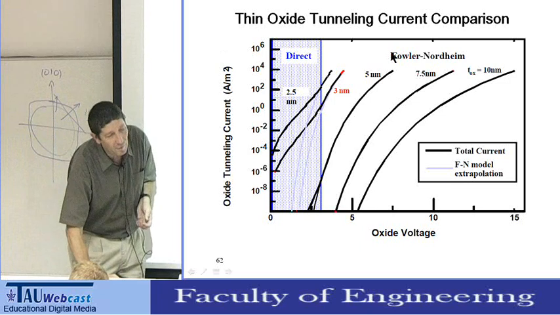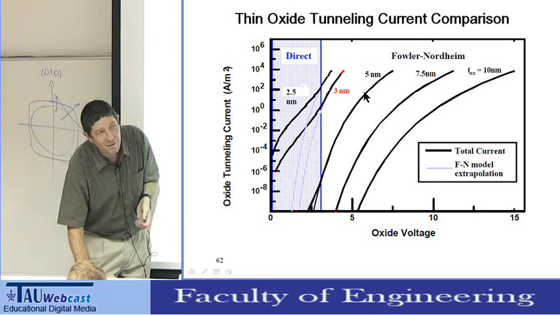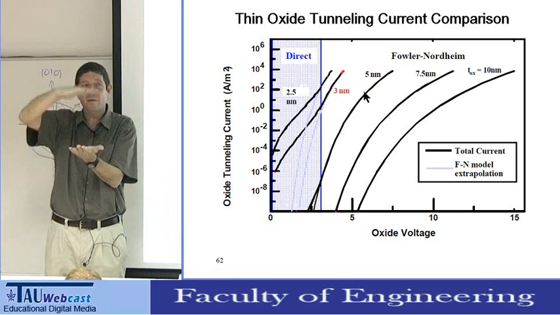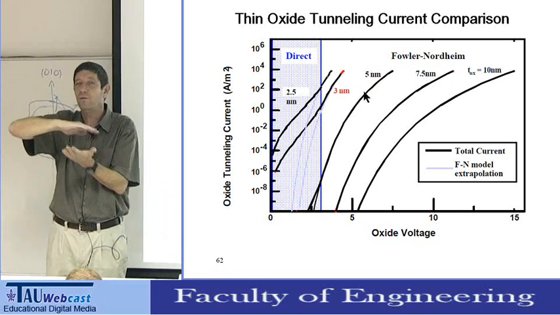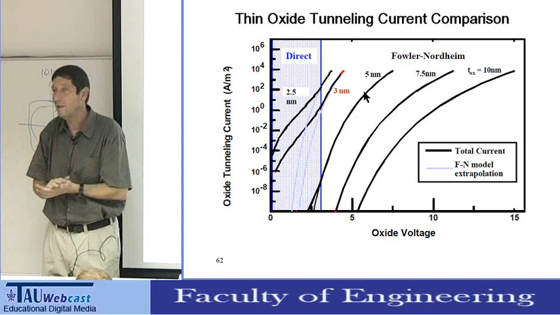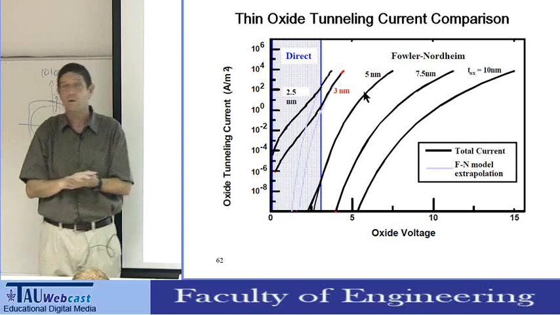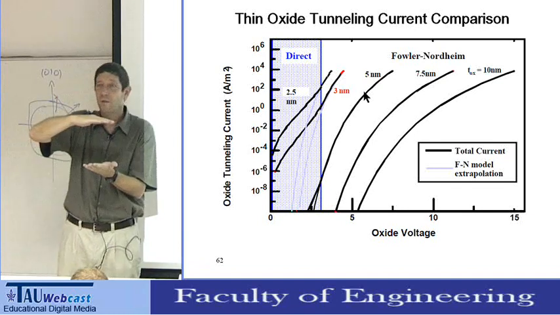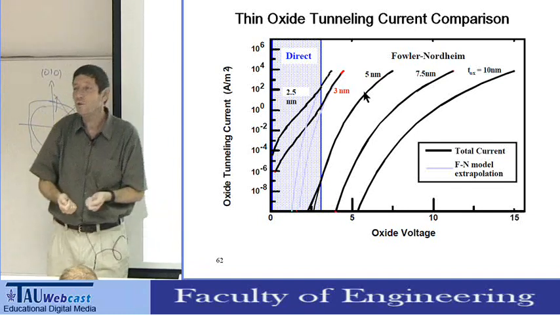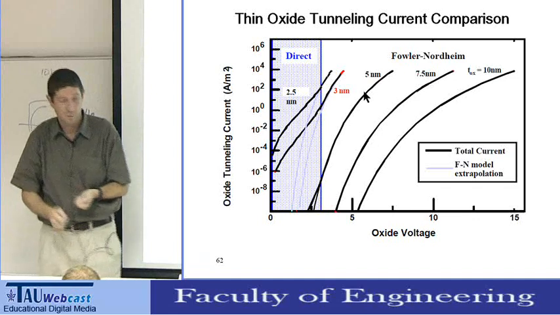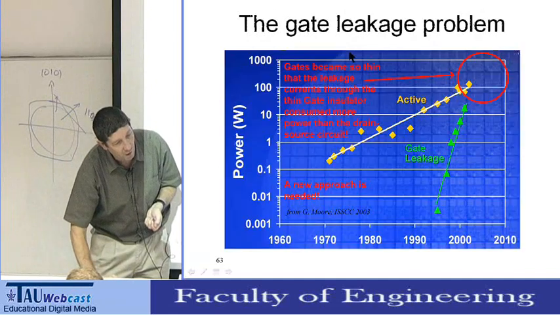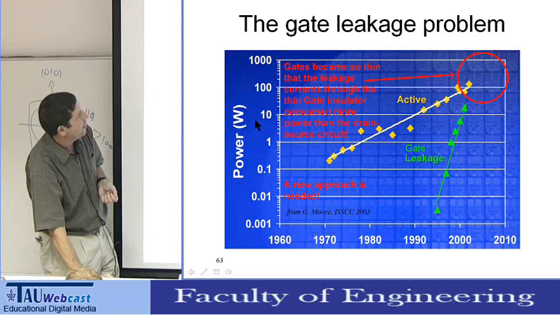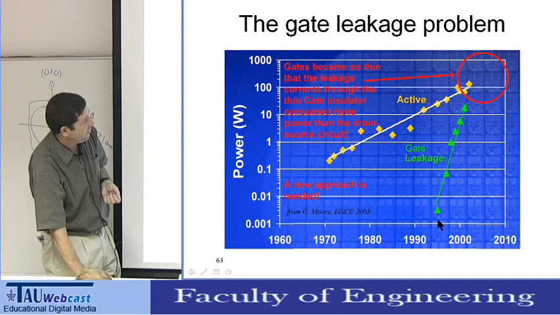So today, modern devices are replacing the very thin SiO2 with a much thicker layer of other materials like hafnium oxide or similar materials, which are much thicker, but with a much higher dielectric constant. The gate leakage problem is also a power problem.